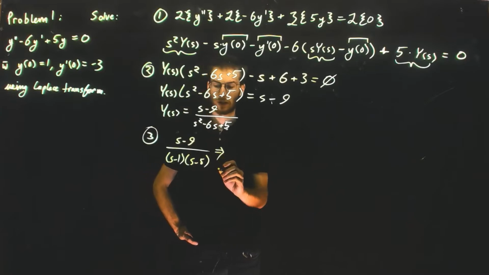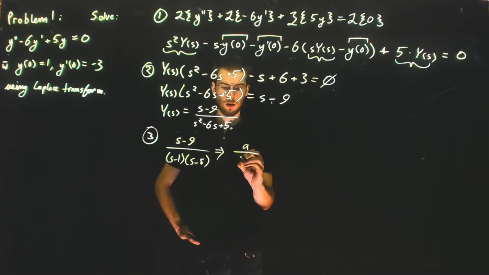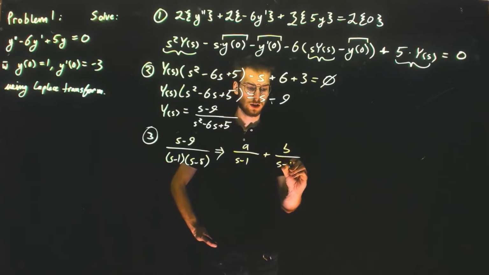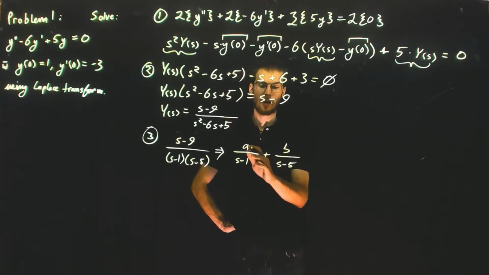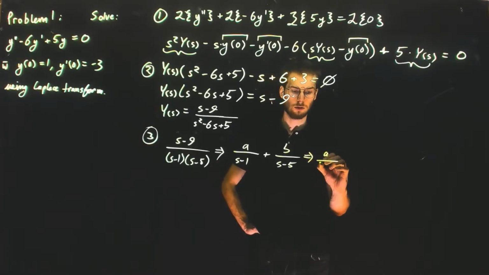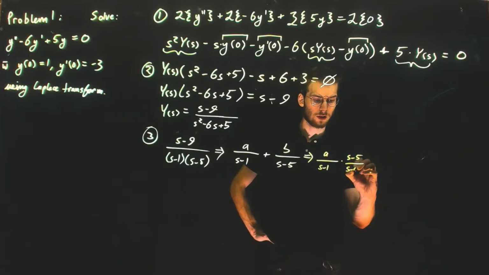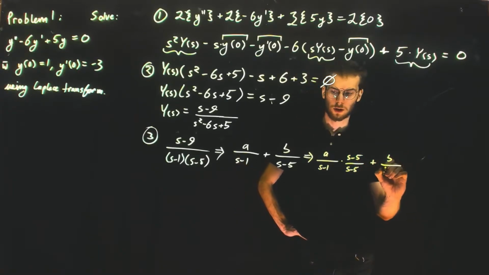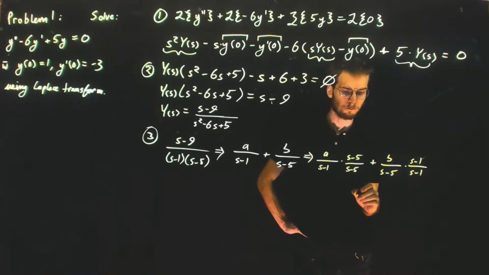And what we'll do is break this into its components, and we'll set arbitrary coefficients, A over s minus 1 plus B over s minus 5. Now we want to find the common denominator for both of these. So we'll factor in the common denominator. That will be A over s minus 1 times s minus 5 over s minus 5, plus B over s minus 5 times s minus 1 over s minus 1.